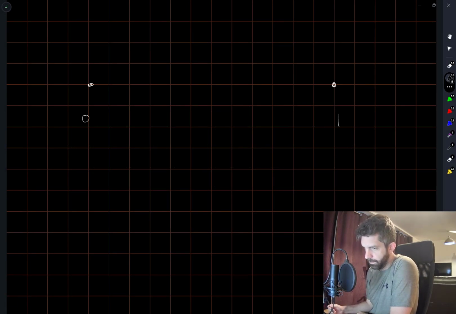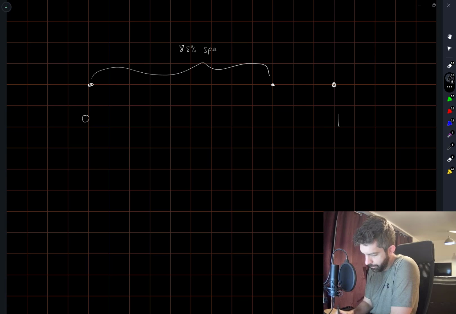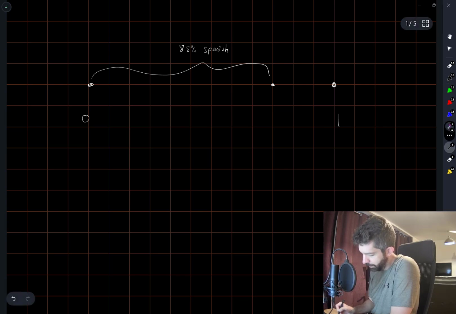So if I want the largest number that study both, let's say this is 85% that study Spanish. Okay, well then, in order to get the most overlap, let's put this on a proper number line.